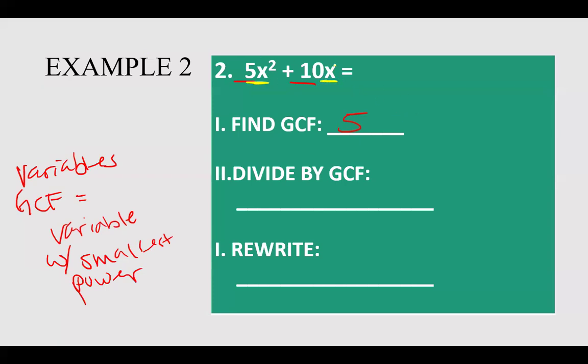Looking at the GCF for your variables is looking at the variable with the smallest power. When there's no power, it's Casper the friendly one. When there is a power, then you're going to go. So what is our smallest variable? X, just x to the 1. Does that make sense? Okay. Now you're going to divide. When we divide, that helps us find our quotient.